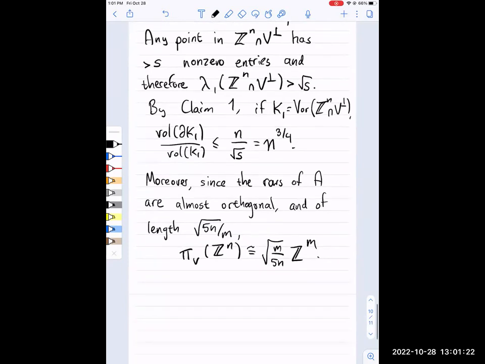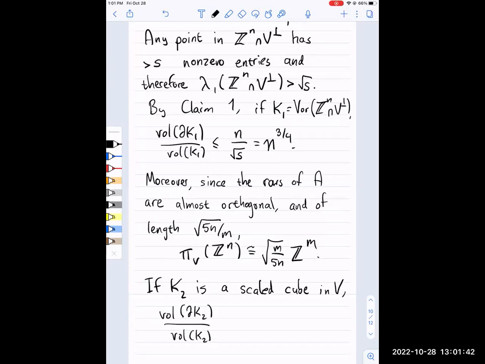So we define K2 as a scaled cube, because I want to lift to that subspace in V. Consider the surface area of K2 divided by the volume of K2. It's basically a cube, but it's scaled down.